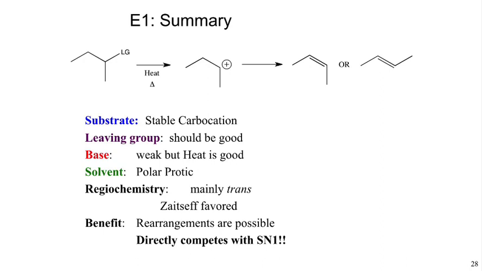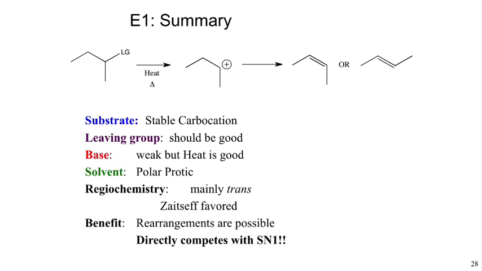E1. Which means when you run an E1 reaction, you get SN1 products. When you run an SN1 reaction, you get E1 products. There's very few ways you can limit it, and that limitation comes in right there. Heat is pretty much the only signifier that you can add to a reaction to help ensure that you're getting an elimination. If you keep the reaction cold, maybe you can limit the presence of the E1.